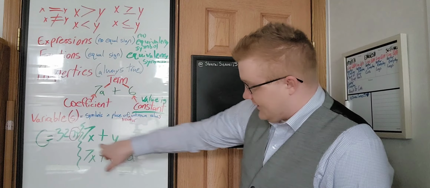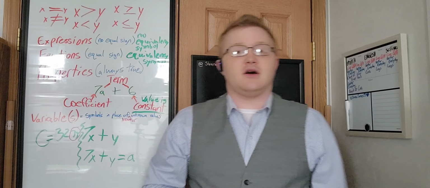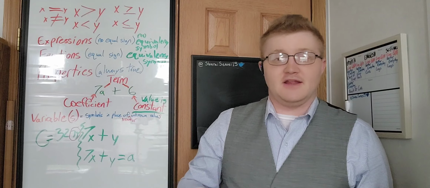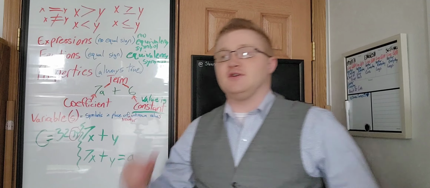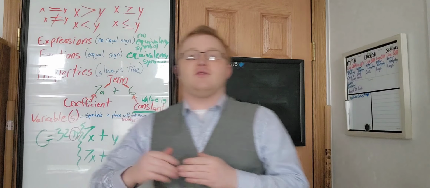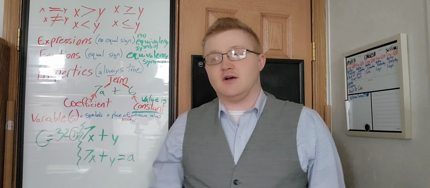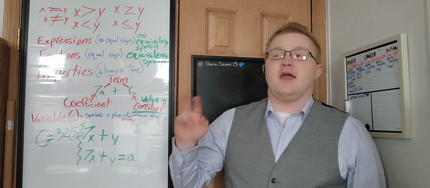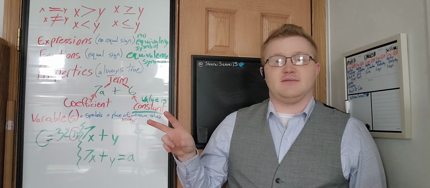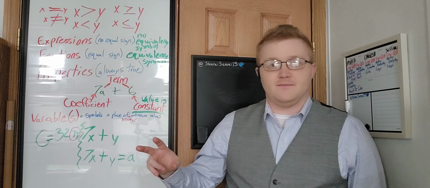And in an expression, you can't solve. You cannot find the value of an expression. It's not until you create an equation that you can find the value of a variable. And that's also dependent on how many variables there are and how complex the operations get to be that involve that variable.